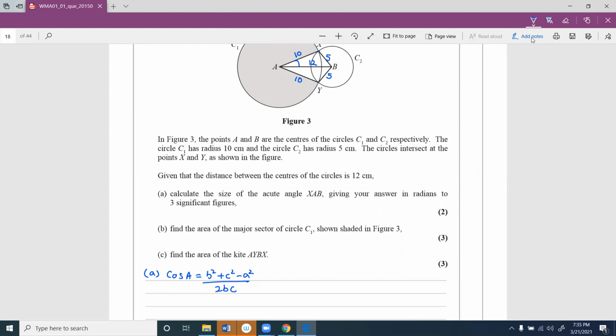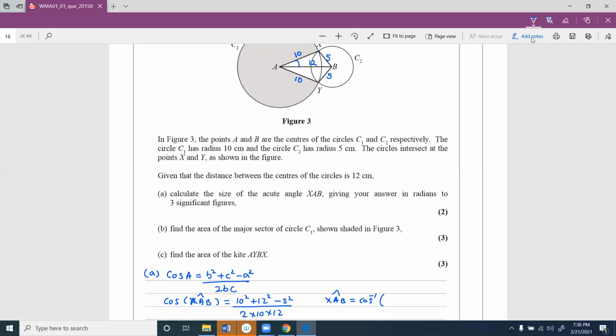So you can write cos XAB equals 10 squared plus 12 squared minus 5 squared divided by 2 times 10 into 12. With this you can write XAB equals cos inverse of, I'll just simplify the fraction, 10 squared plus 12 squared minus 5 squared divided by 2 into 10 into 12.